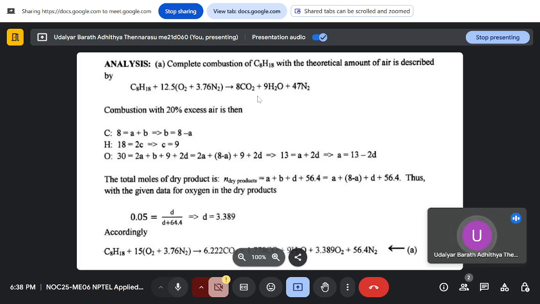Now it has to combust with 20% excess air, so we will multiply 12.5 by 1.2. So this is how the expression will look.